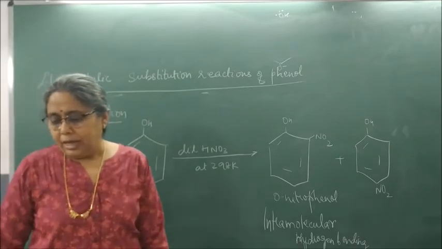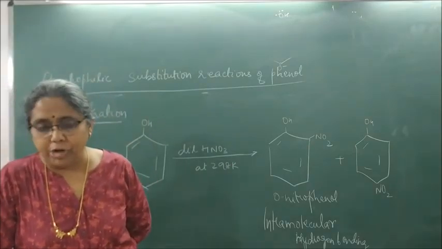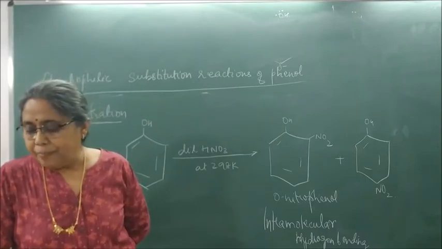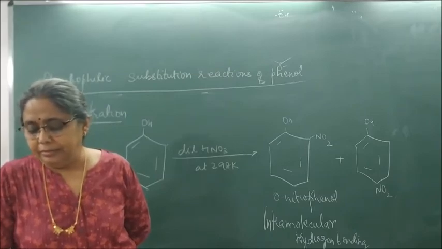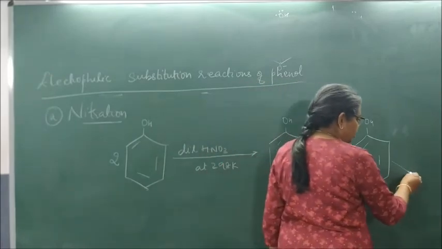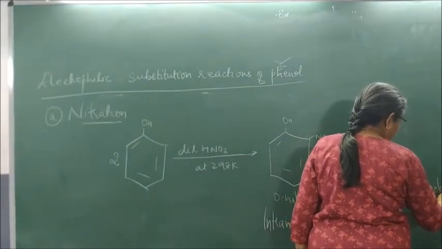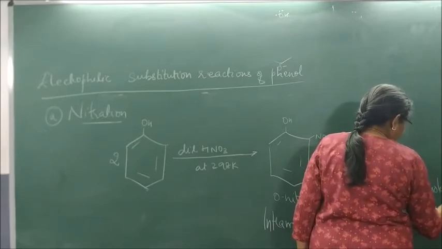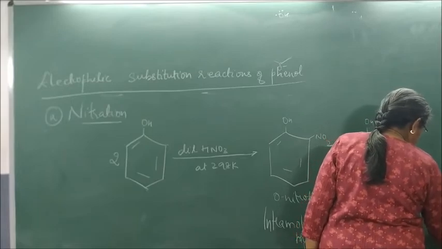Okay? As orthonitrophenol is steam volatile due to intramolecular hydrogen bonding, whereas para-nitrophenol is less volatile due to what? Due to intermolecular hydrogen bonding.